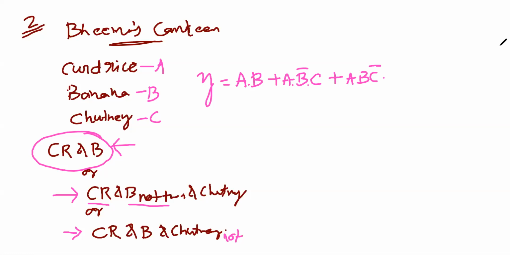So if I write like this, B plus 1. Now what can you take common? A only. 1 plus C bar.